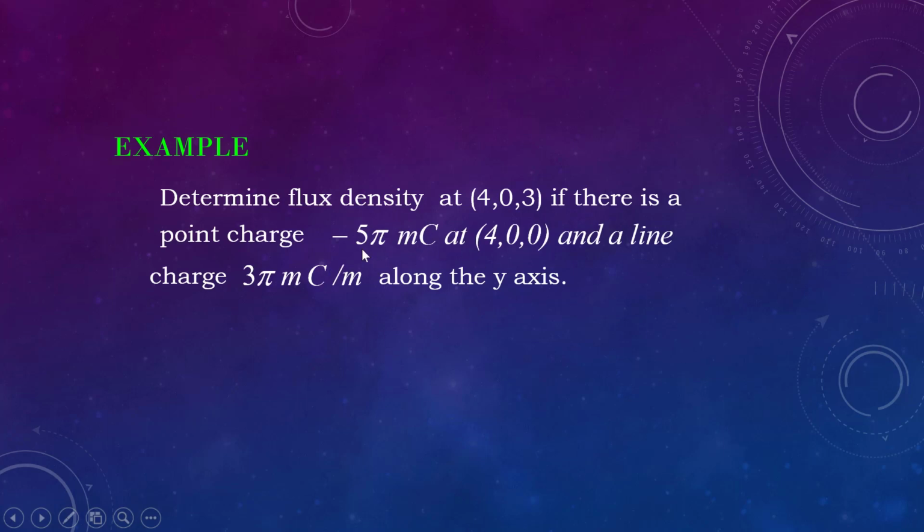One is a point charge of minus 5 pi. Pi is nothing but a constant, 3.14. So minus 5 into 3.14 is the value of that point charge. Another line charge of infinite length is present along the y-axis, and it has the rho L value equal to 3 pi millicoulomb per meter.